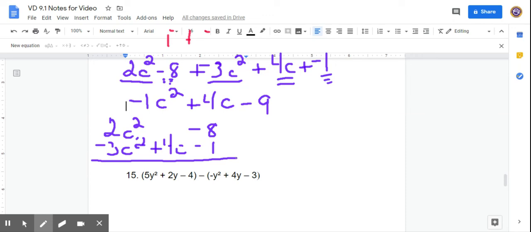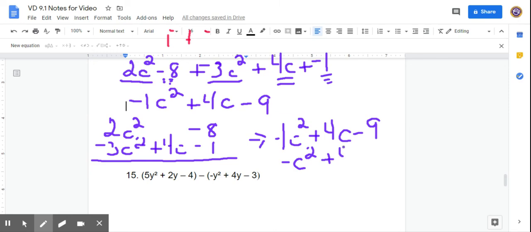I'm just going to bring it over here to the right. So 2 minus 3 is negative 1c squared plus the 4c and minus the 9. Again, we don't need that negative 1, so your answer, negative c squared plus 4c minus 9.